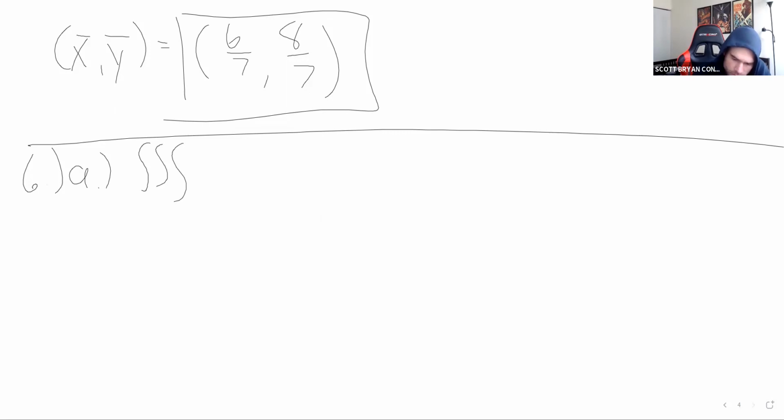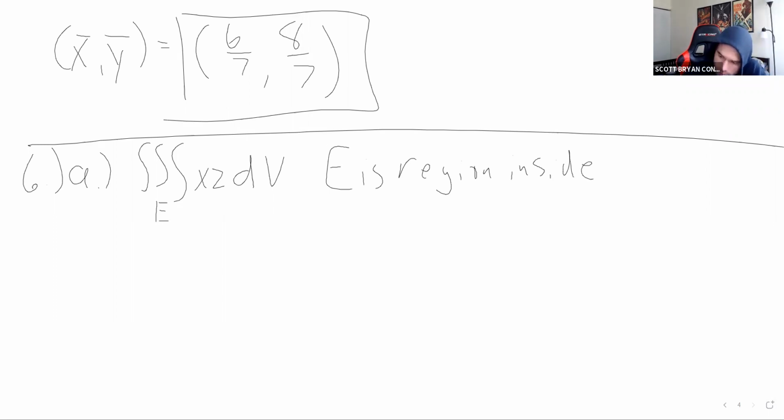So integral over the region E of xz with respect to volume. E is going to be the region inside the sphere x squared plus y squared plus z squared equals 4 in the first octant.